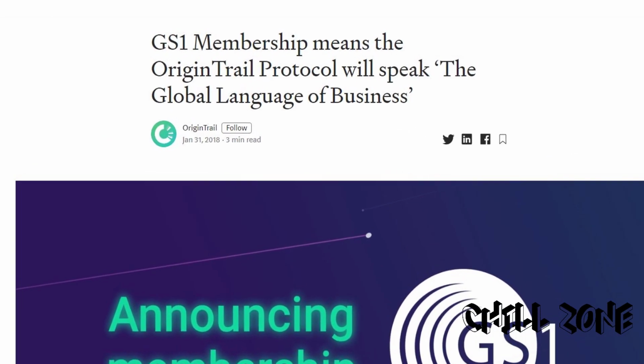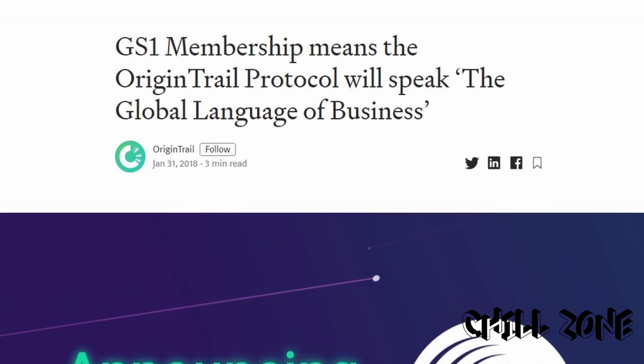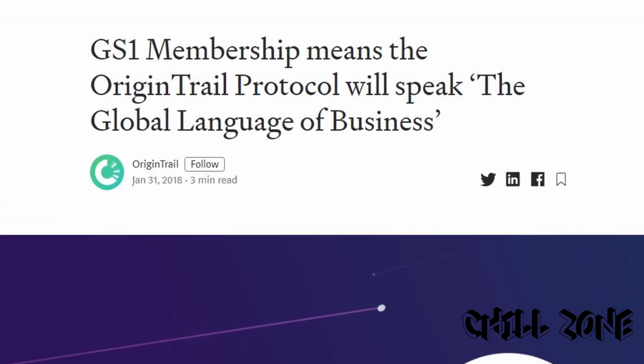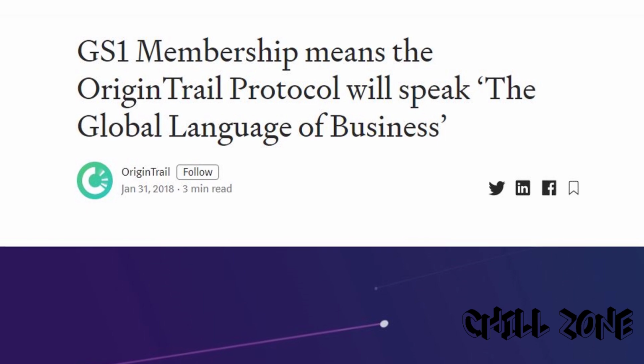This is what is meant by GS1 global standards, speaking the global language of business. Because if you think about it, businesses are dependent upon barcodes, RFID chips, scanners and point of sale systems. Without them, you can't make sales, you can't make purchases. It's pretty vital. That's the language of your business.